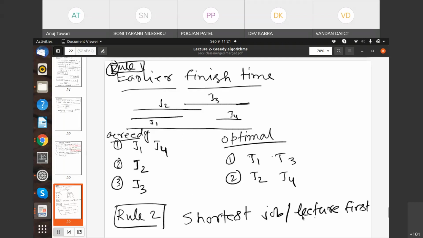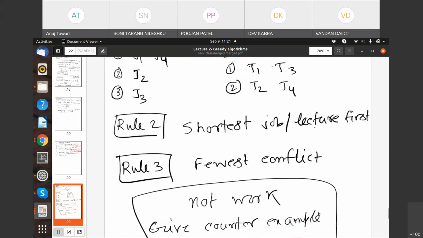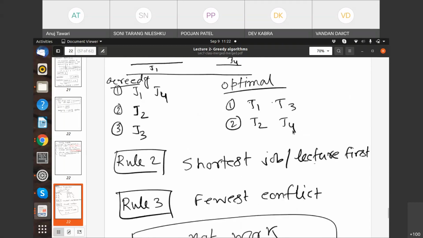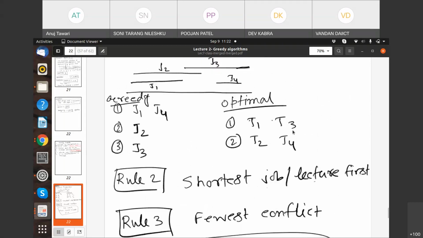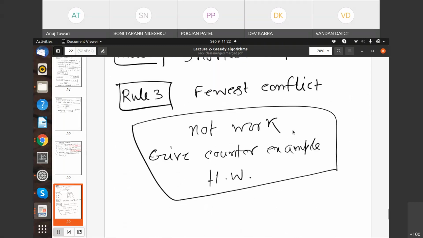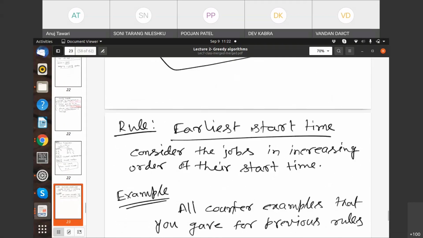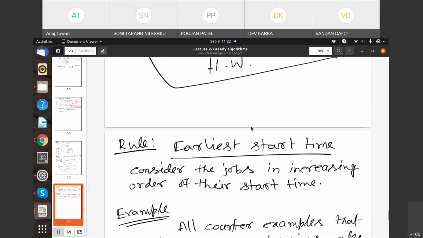So take it as homework: can you construct a counterexample for the shortest job per lecture? And even fewest conflicts, where you pick the one with the fewest conflicts. All these three don't work. Next class we will see a counterexample for each of these, but try to figure it out on your own.